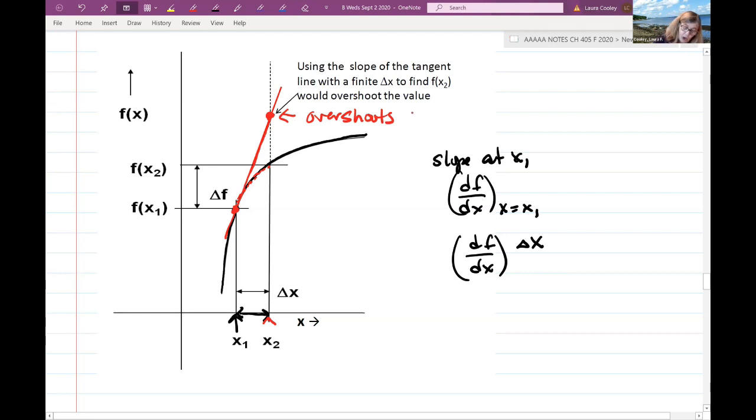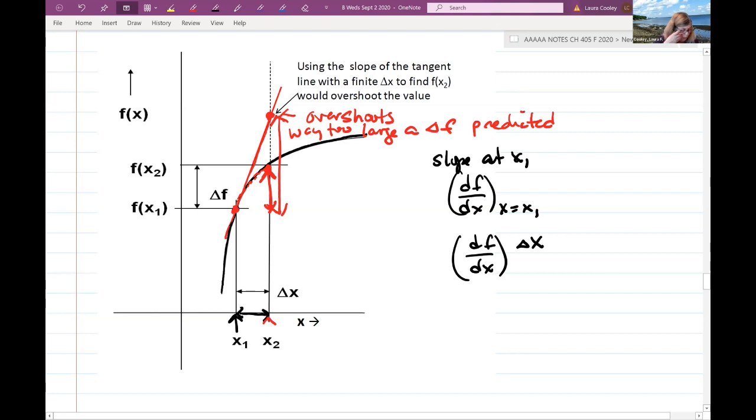But it overshoots the true value of the change in the function. So this is the value of the change in the function that it predicts. But this here is the actual change in the function, this small red arrow. So this is way too large a change in f is predicted.